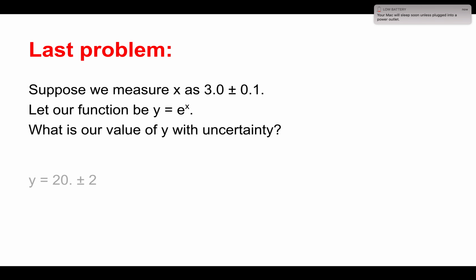Our y best is just e to the x evaluated at 3, which is about 20. The uncertainty in y is the derivative of e to the x, which is just e to the x. I picked that for ease. Evaluated at 3, that's again 20, times 0.1, which is 2. That's it.